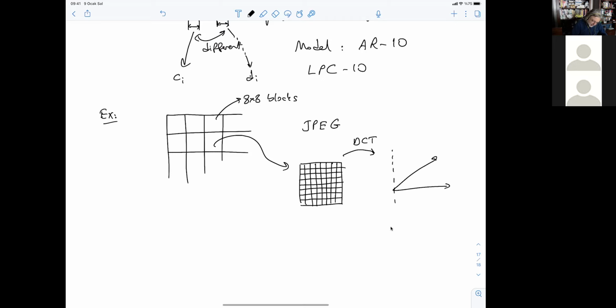This is the magnitude. Most of the data or the magnitude will be condensed into the first items, and the other items will become smaller, like this.